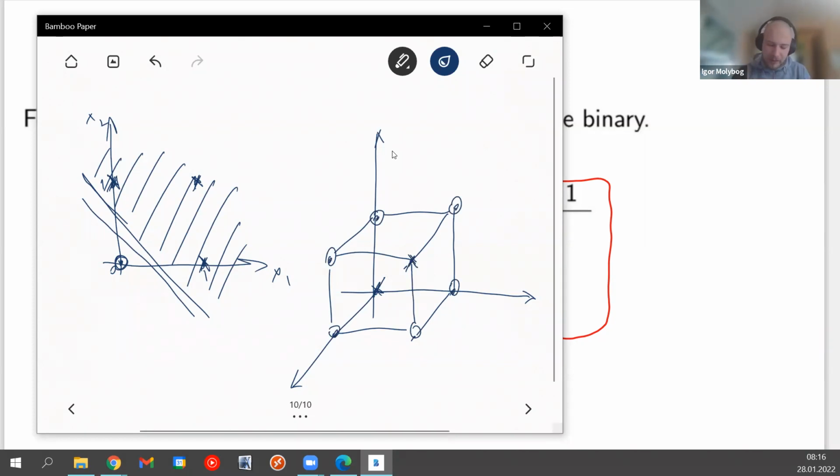So what we would need to do is to come up with 2 hyperplanes in the cube. You can just imagine that there is a hyperplane number 1 that goes through these 3 points, and there is also hyperplane number 2, a plane in this case, just a plane number 2 that passes through these 3 points.